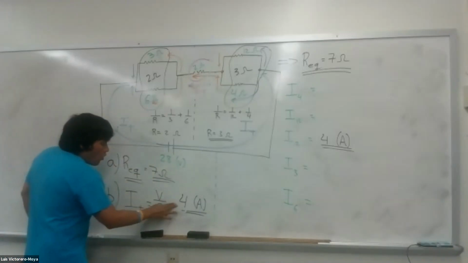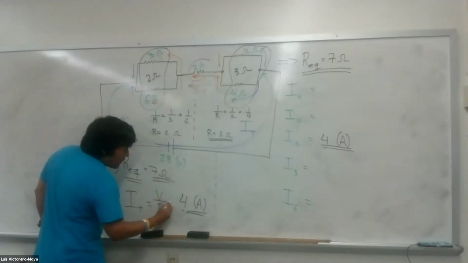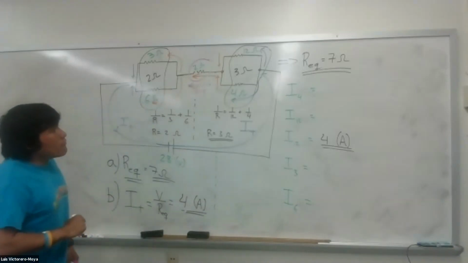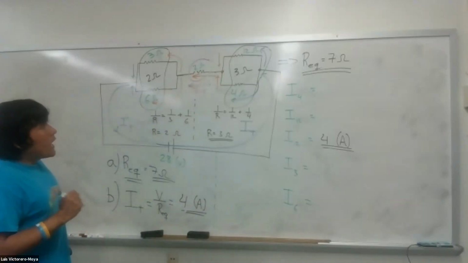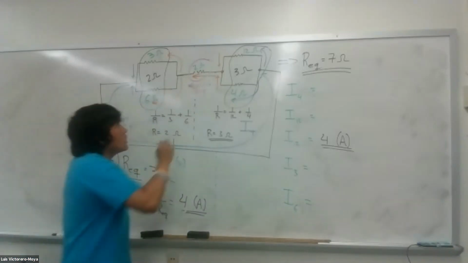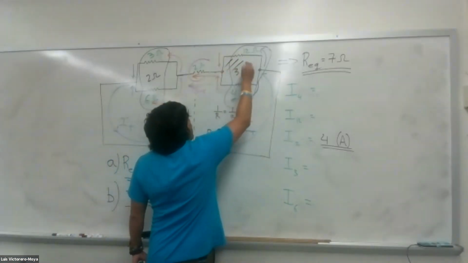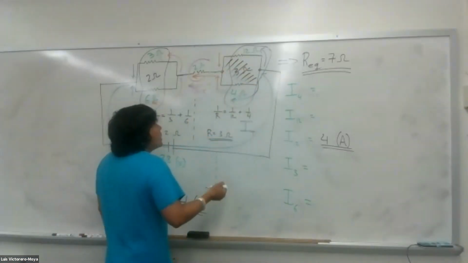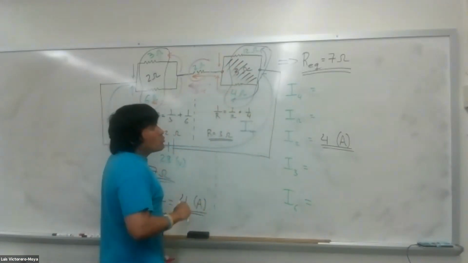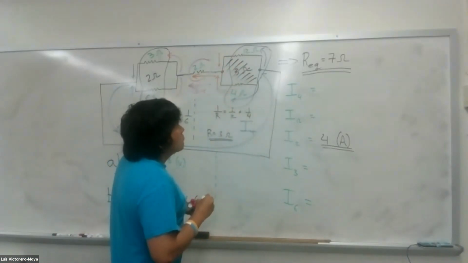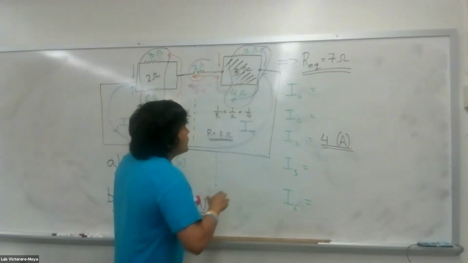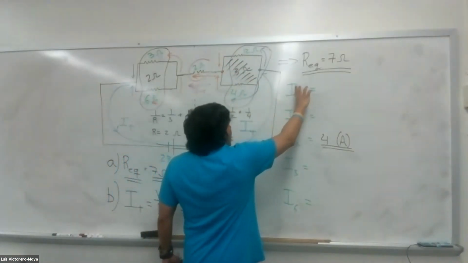All right, so how do you find the current on 12 and 4? Like we did with capacitors, I'm gonna find the voltage here. Why? Because the voltage on 12 is equal to the voltage on 4. Okay? So these two are in parallel.